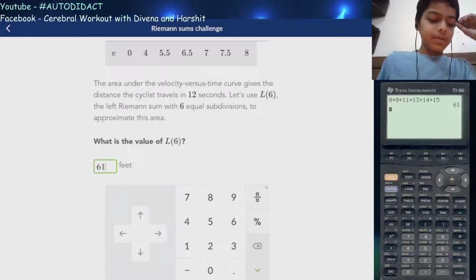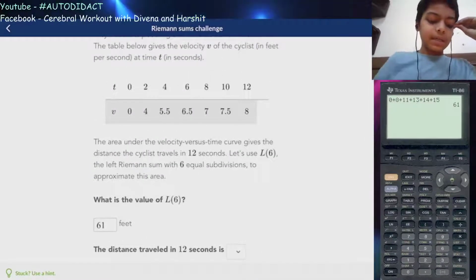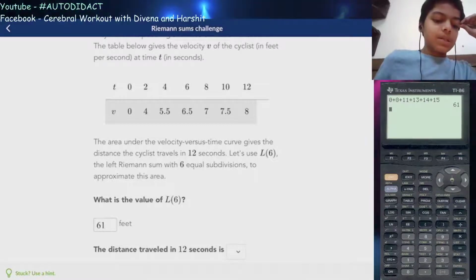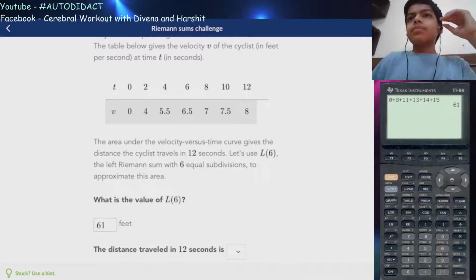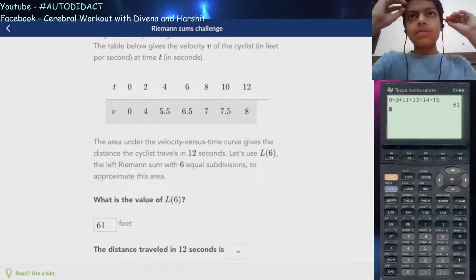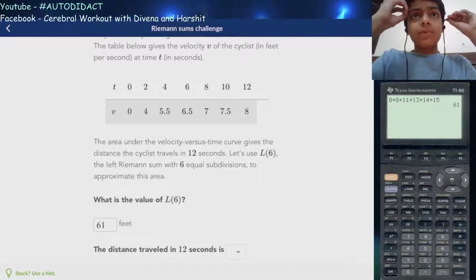And our answer, the distance traveled in 12 seconds, is what? What is the exact distance traveled in 12 seconds? Well, what is it equal to?